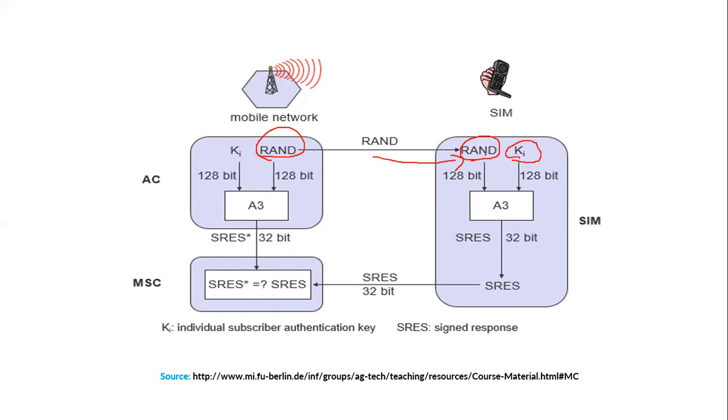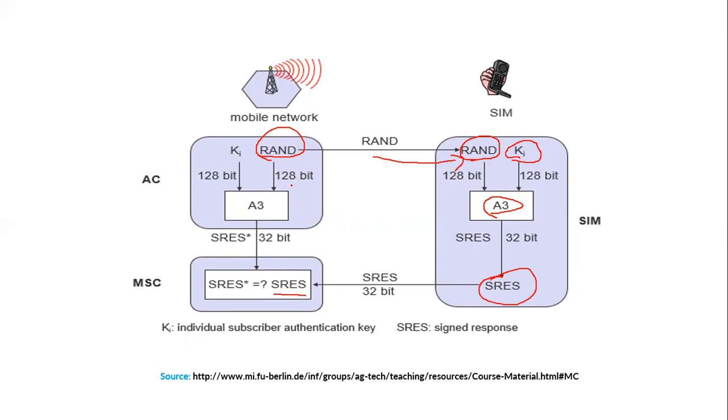Using this random number and this Ki key, the A3 algorithm is applied. As a result, whatever the user gets is called SRES. This SRES, the user will share with the mobile network in the MSC part. Okay, so it comes here.